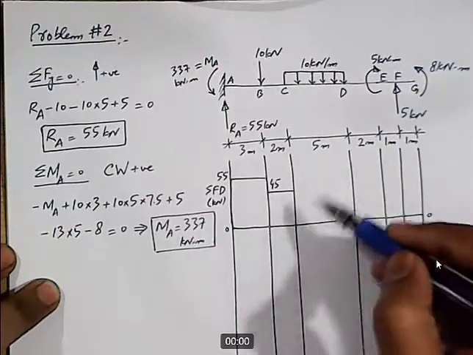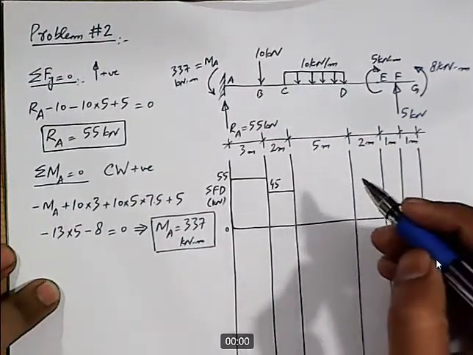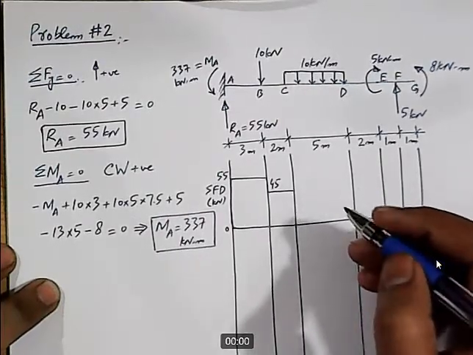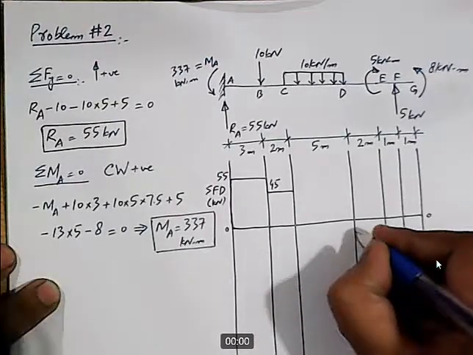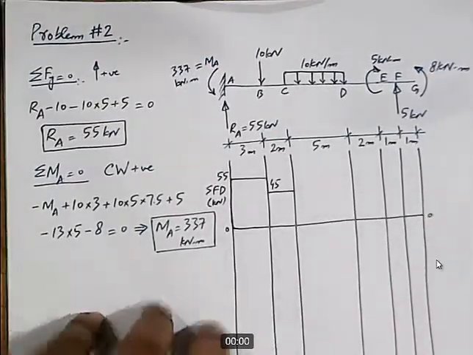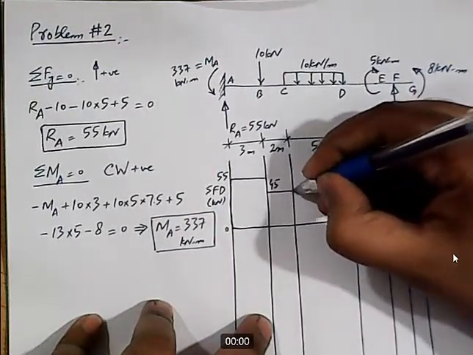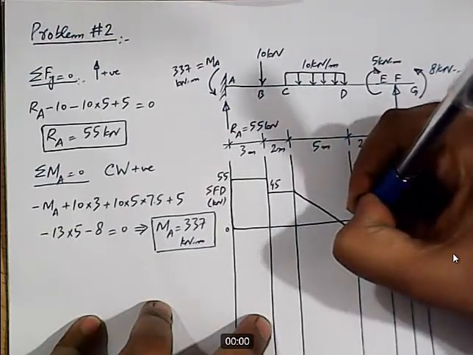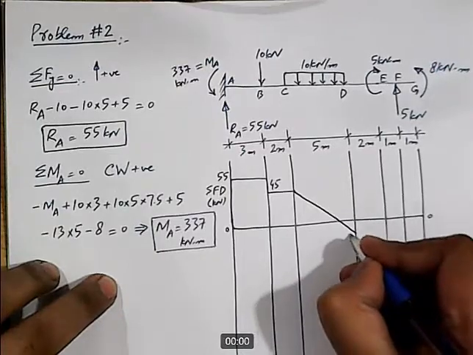So 45 minus 10 into 5 will bring us to minus 5, right? So the value of shear force at this end will be minus 5. Now let me draw this. It's a first degree line, and this value is 5.